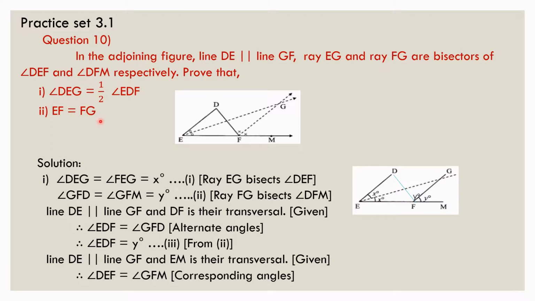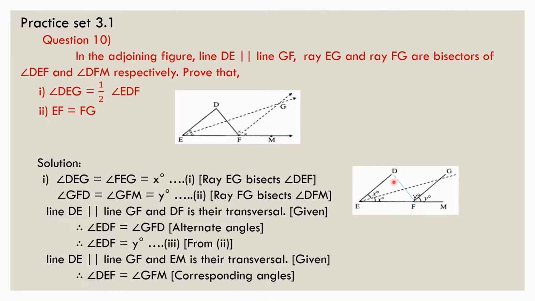In this figure, the line DE and line FG are parallel lines, and ray EG and ray FG are the bisectors of these angles. Here is the solution.